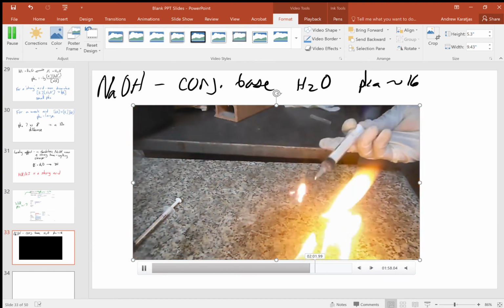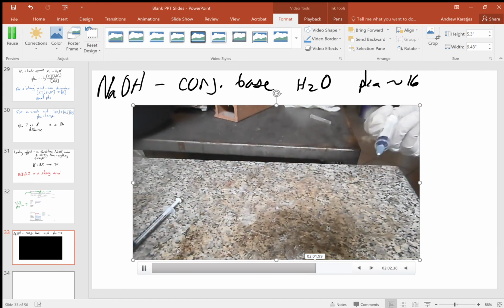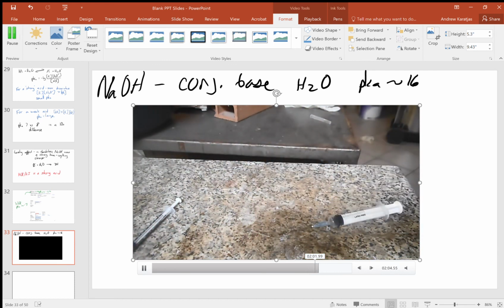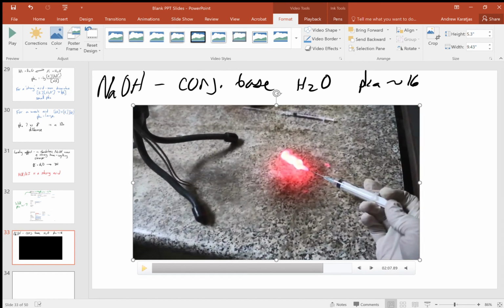You can see it's in a syringe, and as soon as it gets pushed out of the syringe, it immediately catches on fire. And I can tell you from experience, I've worked with tert-butyllithium. There is nothing fake about this video. It is that reactive.